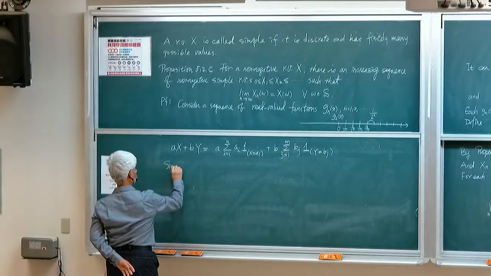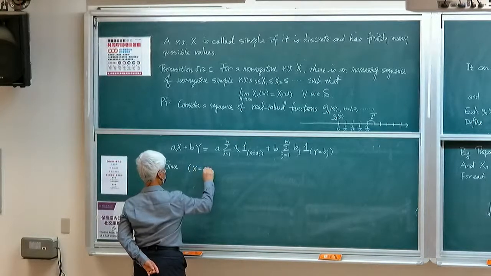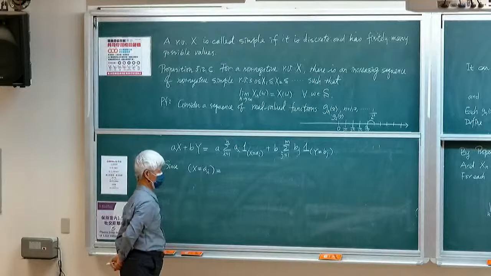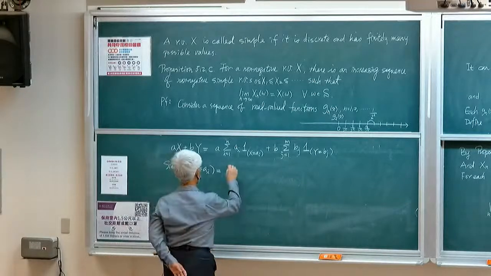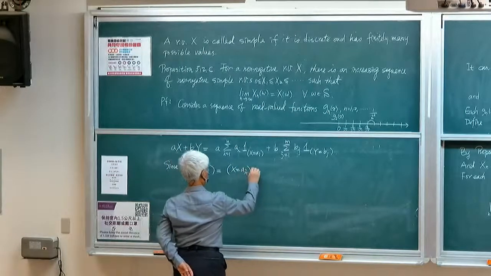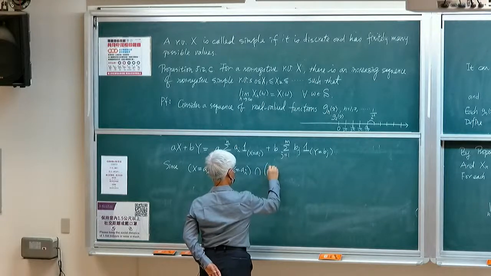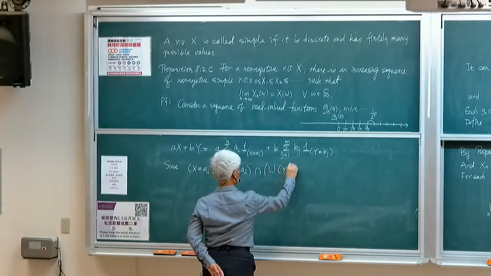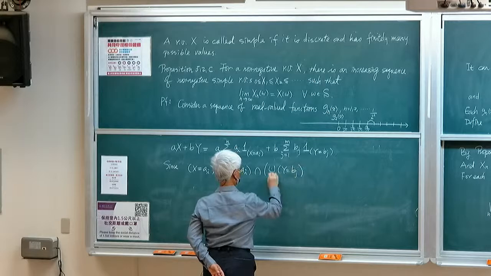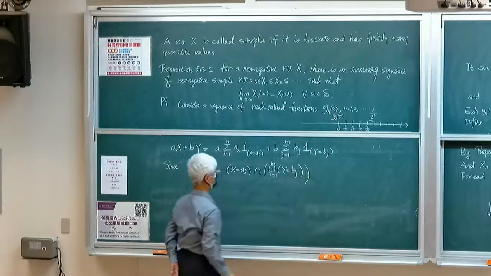Now, for each i, this is equal to the intersection with the disjoint union of y equal to b_j.